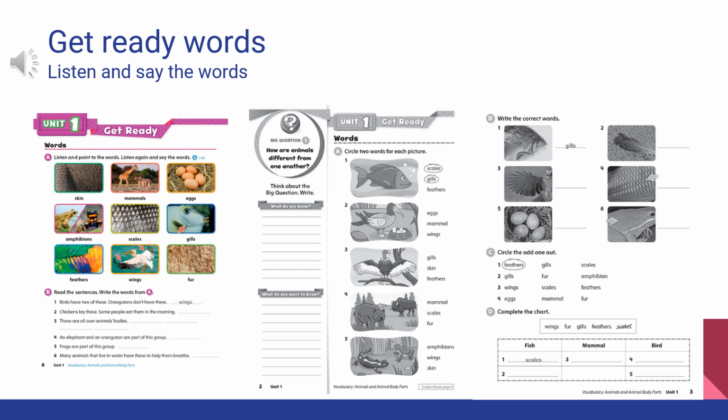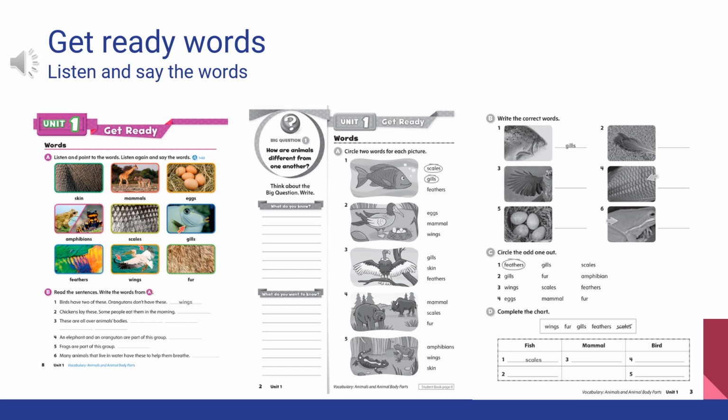For example, I would write, I want to know, does a frog have gills or not. In what do you want to know, you have to write the things which you do not know and you want to know about this topic, you will discuss it over here.